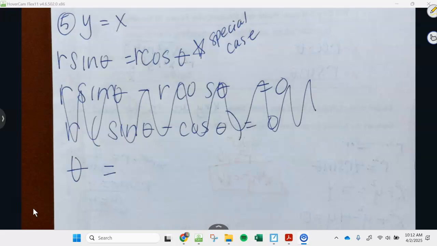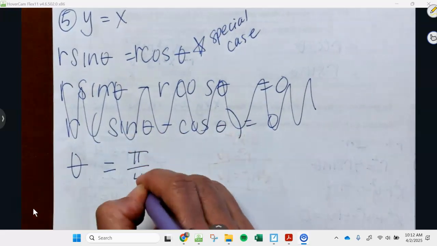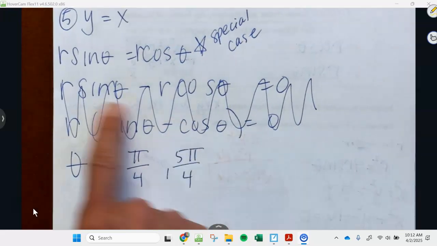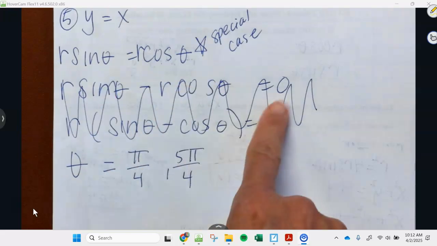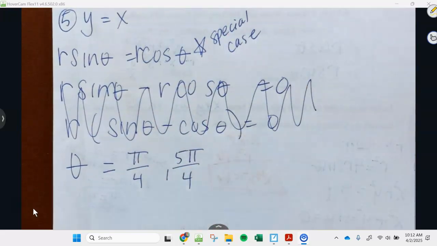There's one more spot where they're both negative. 5 pi over 4. So anytime sine and cosine equal each other, it's this. Or anytime they're subtracted and they equal 0, that's because they're the same thing. So that's your special case.